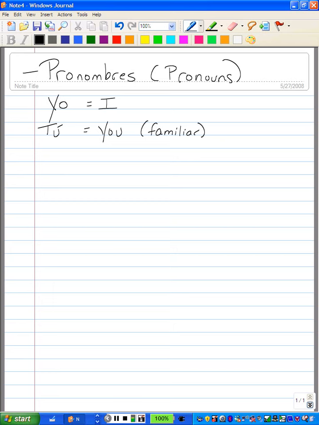In opposition, in Spanish, there is the word usted, and it is abbreviated in Spanish UD, and you'll see it more often abbreviated than not. Usted means you, formal.